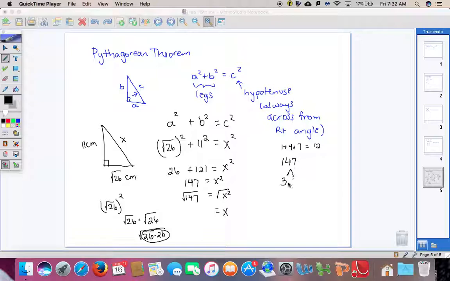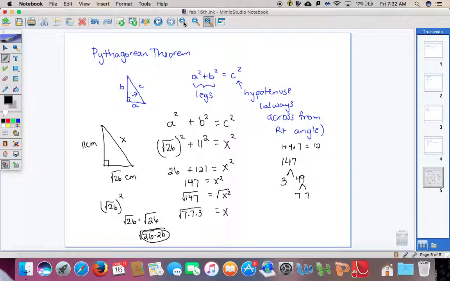So 147 can be factored as 3 and 49. 3 times 49 is 147. Well, 49 can be factored to 7 and 7. So the square root of 147 is the same as the square root of 7 times 7 times 3.